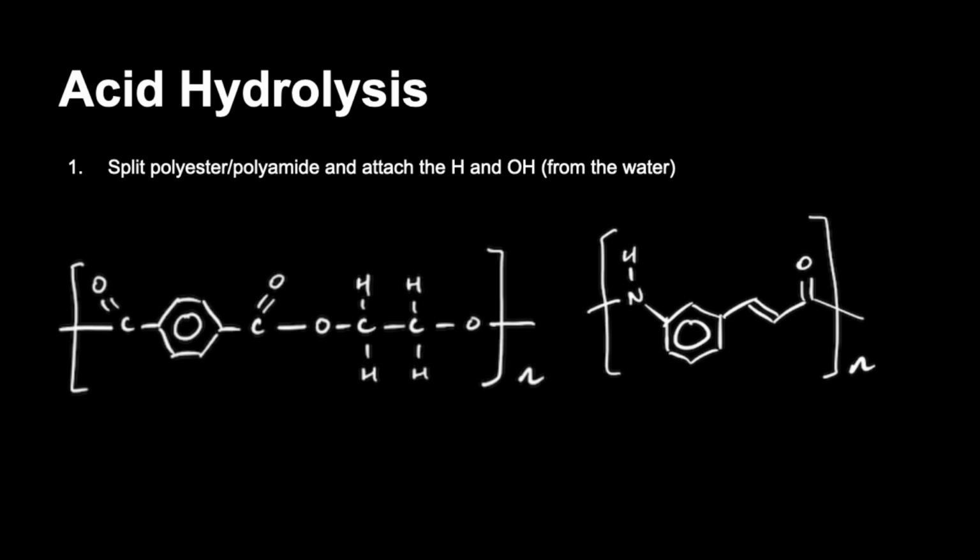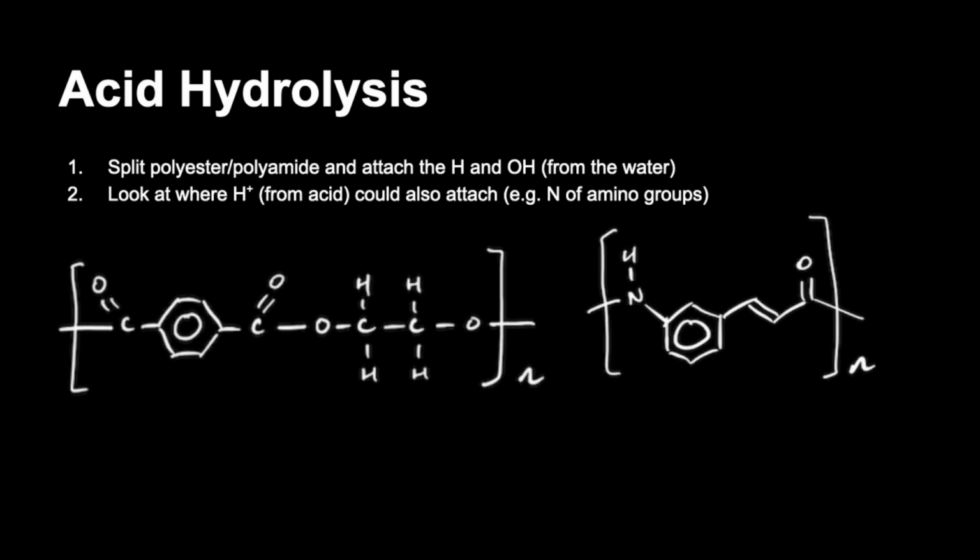That's the first thing I do in my head. And then the next thing I do is look at where the H plus ions from an acid could also attach. So any nitrogens present will accept protons, remember, because they've got the lone pair on the nitrogen, and accept an H plus by forming a coordinate bond.